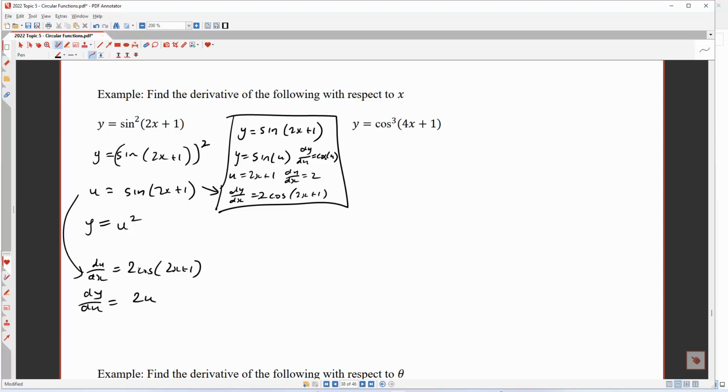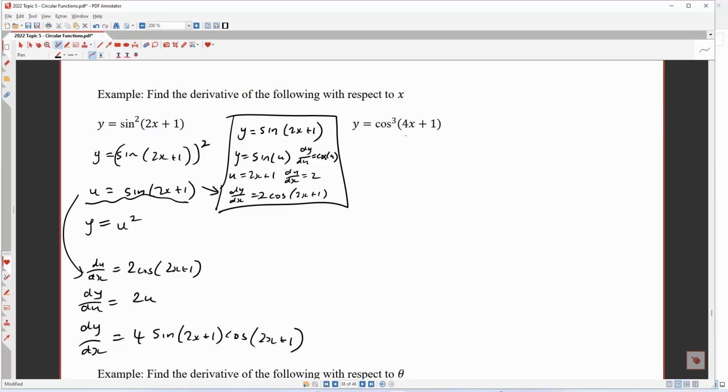Alright, so that multiplied by that with the u sub means that dy dx is going to be 4. The u is sine of 2x plus 1. That's this one here. Multiplied by this thing here, the cosine of 2x plus 1.